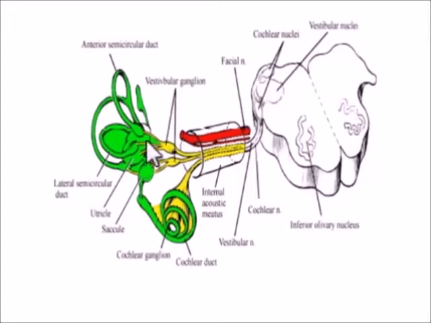It is the vestibular apparatus that gives information about the position of the head and about the movements of the head to the vestibular nuclei and then to the vestibulocerebellum.